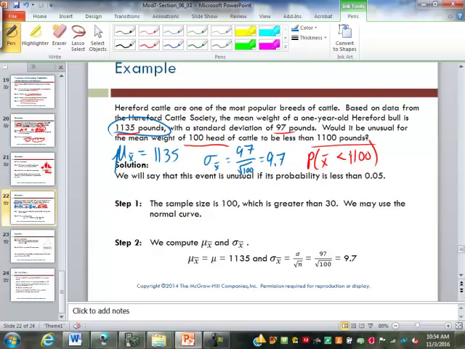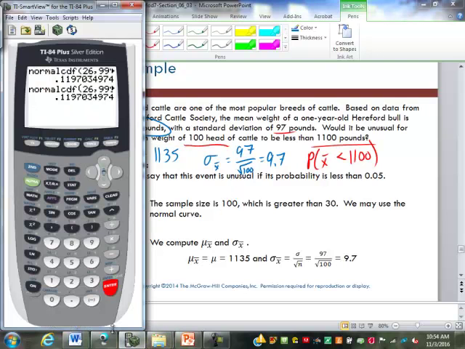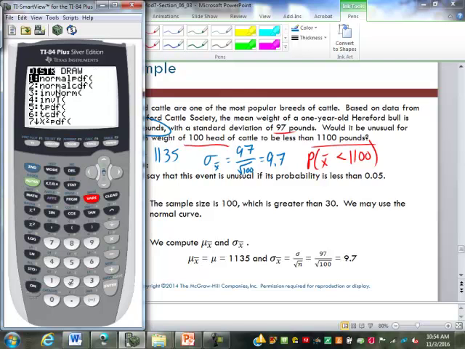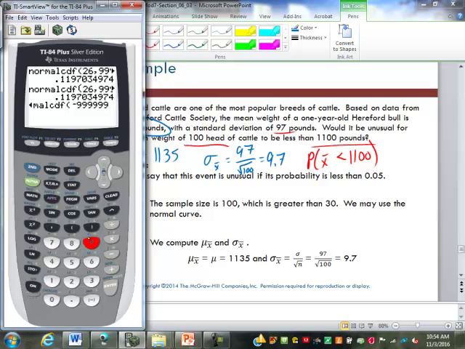So the probability of being less than 1,100, I'll put it in here. Second distribution, normal CDF. Less than means negative infinity, so negative 999999.